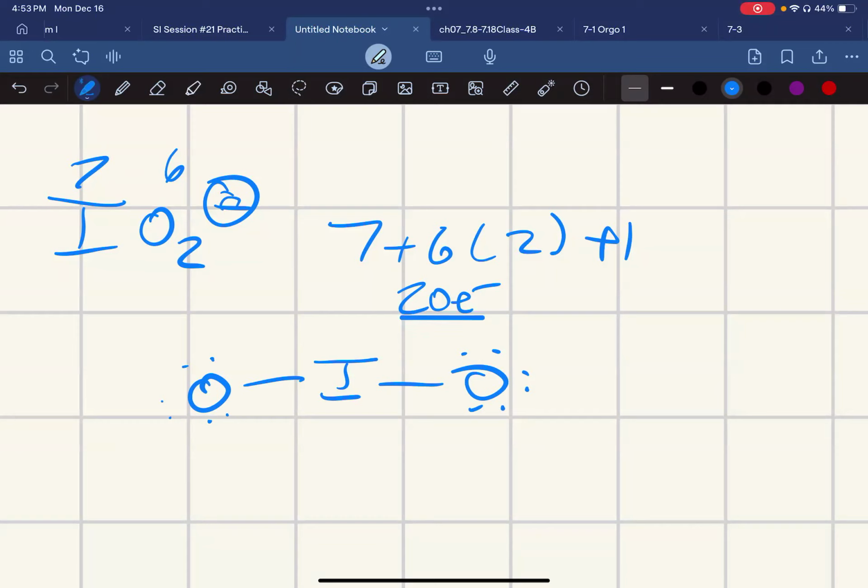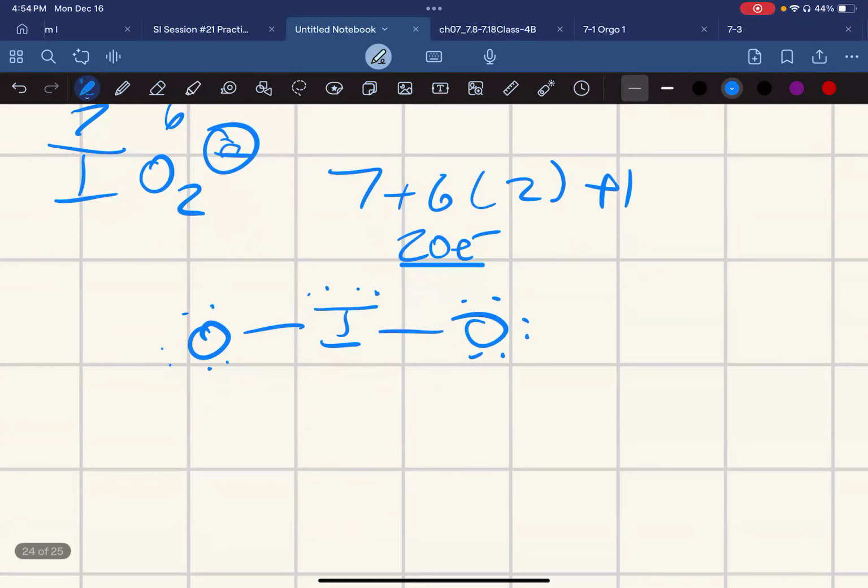If there are 16 electrons that we already used, you have to put 2 here and 2 here. So the total answer would not be just 4, because it's not lone pairs, it's the individual non-bonding electrons.